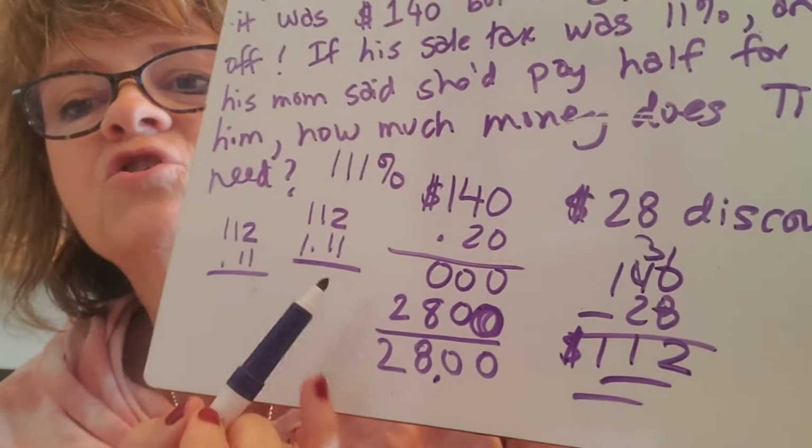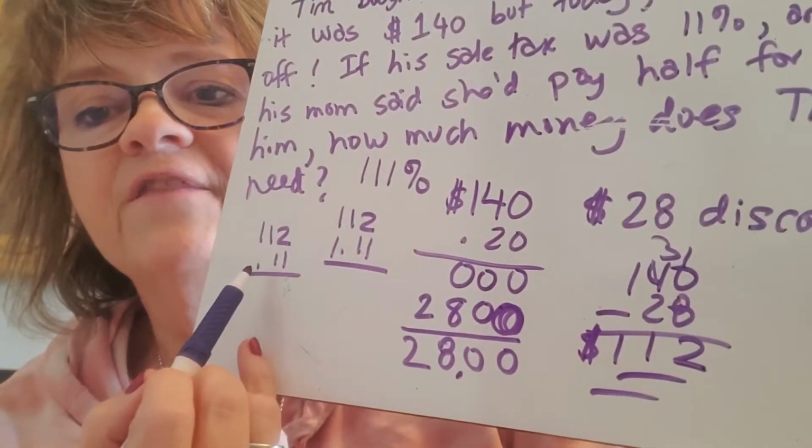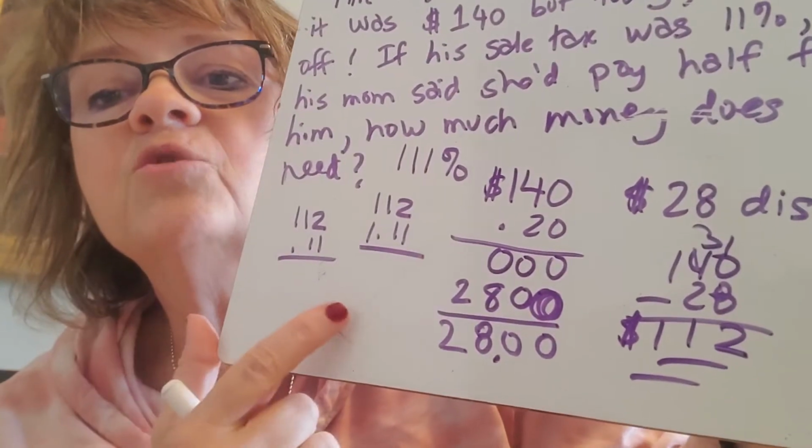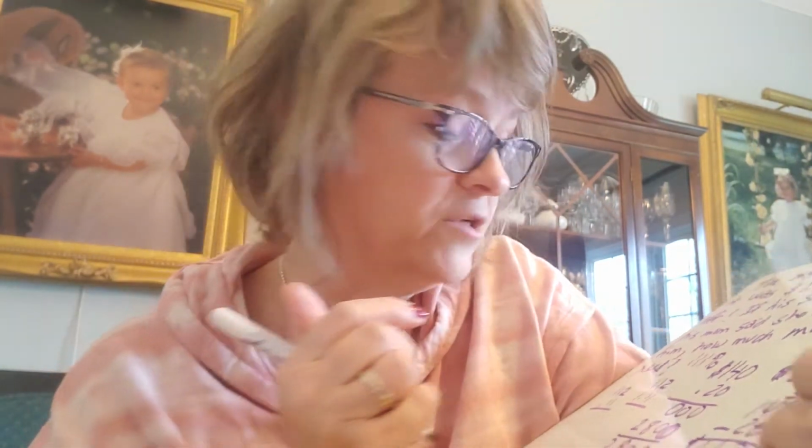So this will give it to you in one swoop. This one will give it to you in 2 steps. You have to find the tax and add it on. I'm going to do it this way, but you can do it any way that you feel comfortable. So I'm going to multiply 112 times 0.11. You can be doing that, or you can be doing 112 times 1.11 to get your answer faster. Go ahead and do that while I do this, please.